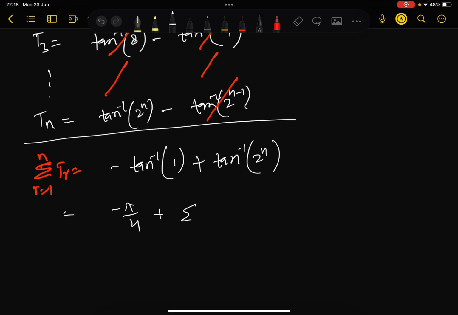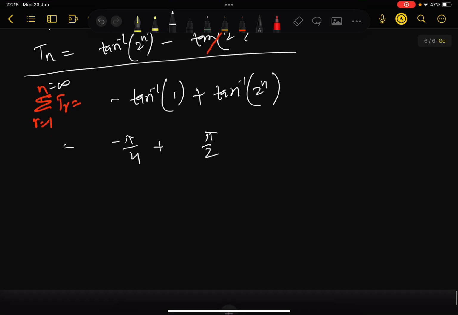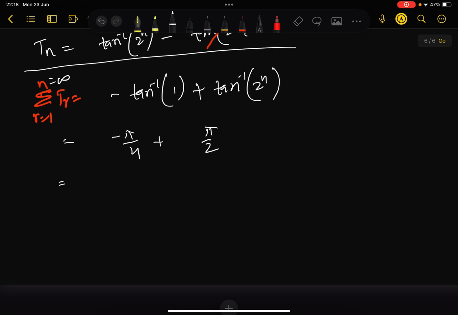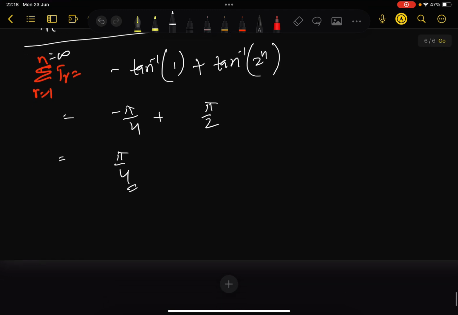And because n is going up to infinity, if n approaches infinity, 2 raised to n will approach infinity. Tan inverse is approaching infinity, that means its value will approach pi by 2. So pi by 2 minus pi by 4 equals pi by 4. So overall pi by 4 is the answer. So the sum of the series approaches pi by 4, right?